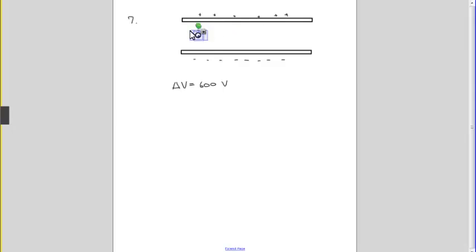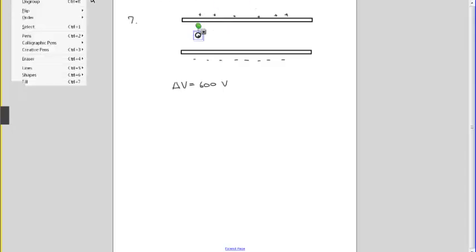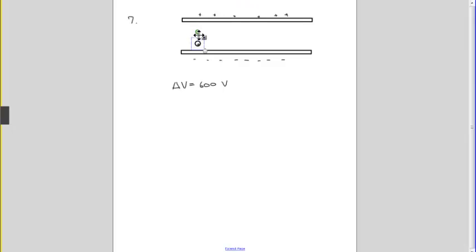So it would tend to want to move downward, which is like something that falls. You decrease the potential energy. So to move it from here to here, we have to increase the potential energy. And therefore the voltage increases as we go from one side to the other.